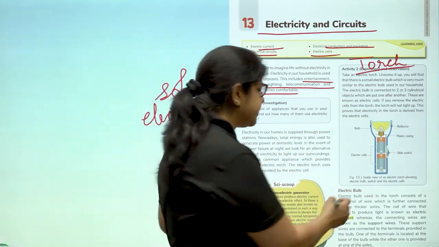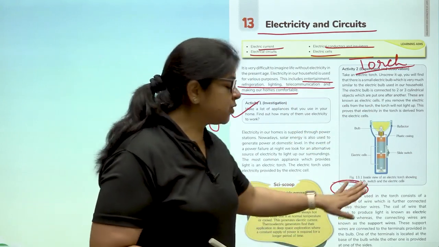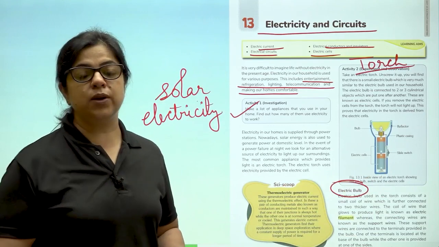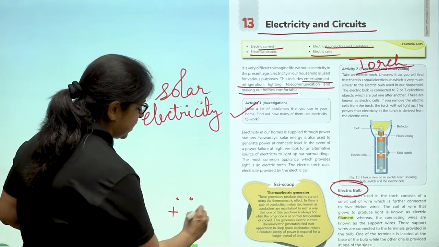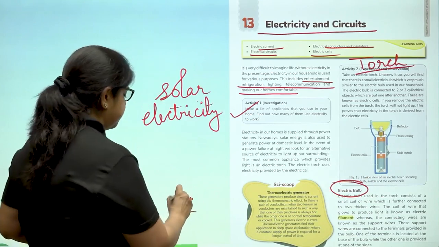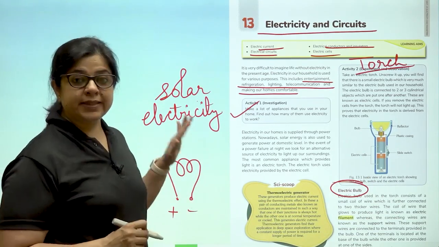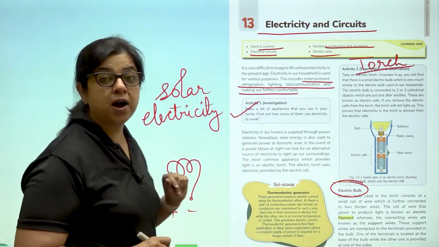Let us first understand about an electric bulb. An electric bulb is a simple source of light that runs on electricity. There are two terminals, positive and negative, and between these is a filament. This filament glows when electricity is passed through it.